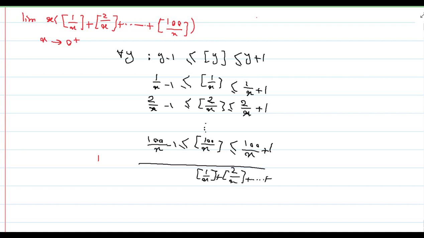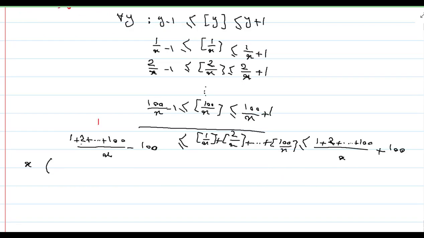this term is between 1 over x plus 2 over x up to 100 over x, which I can add as 1 plus 2 plus ... plus 100 over x, minus 100, since 100 times minus 1 gives minus 100, and less than 1 plus 2 plus ... plus 100 over x plus 100.